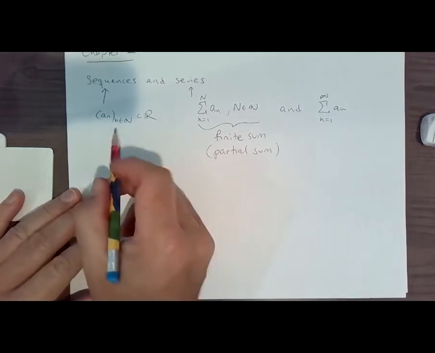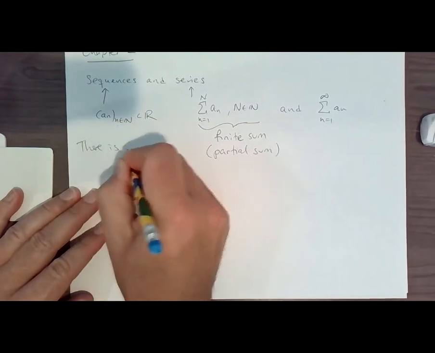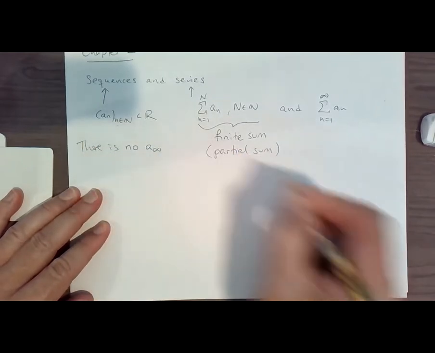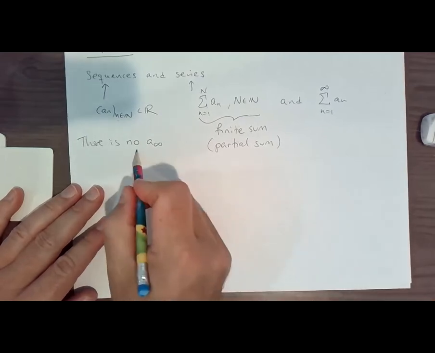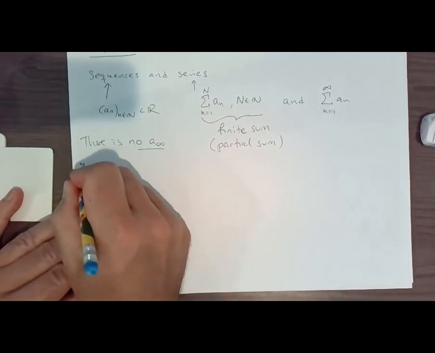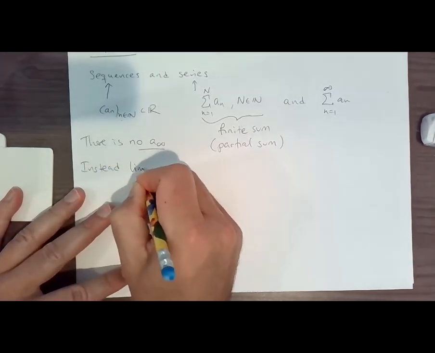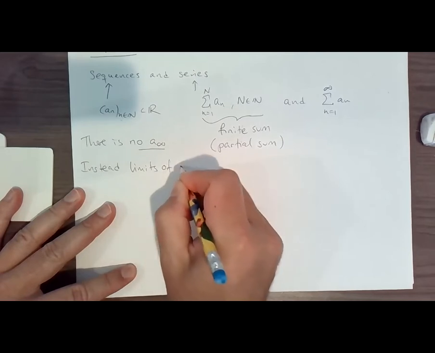When you talk about the natural numbers, there is no a_infinity. There's not such a concept. You need to use limits. Instead, we'll take limits of a_n.